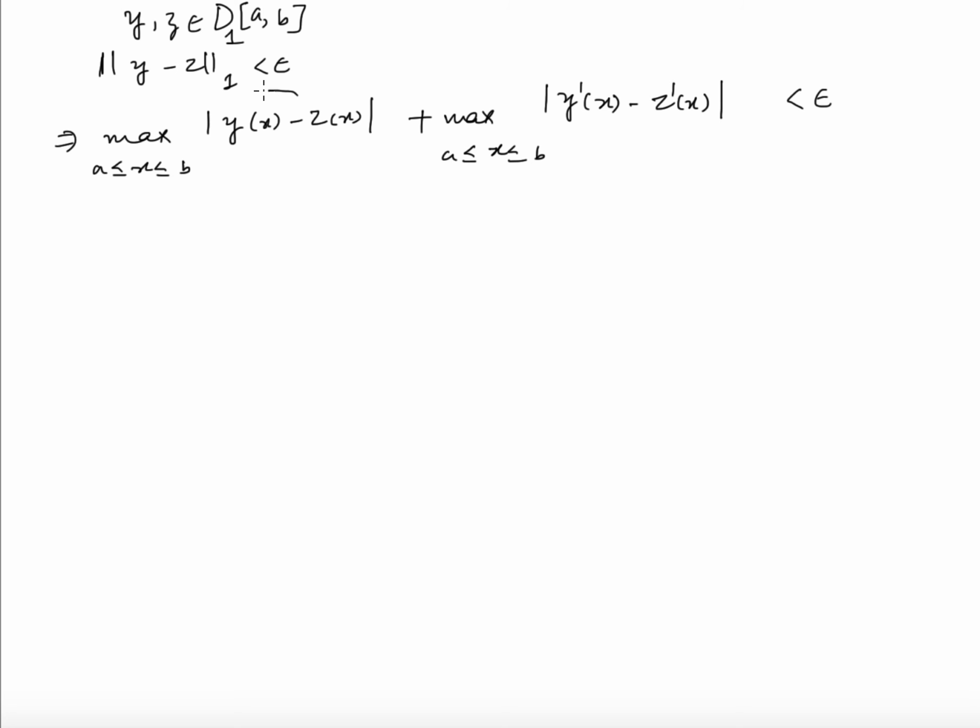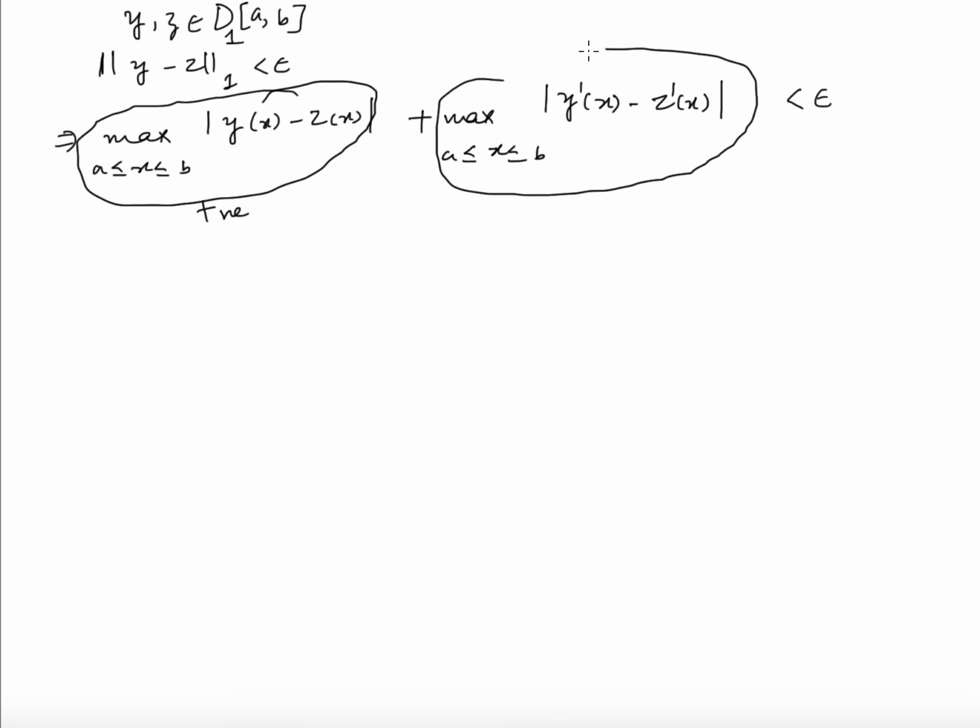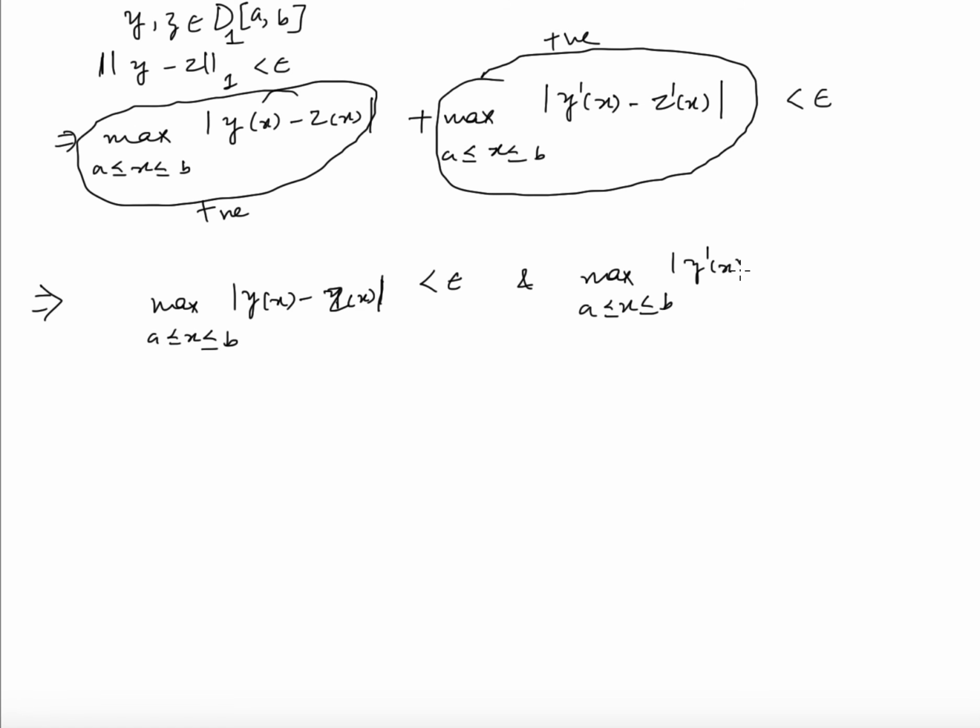Now you know this is a positive quantity, and this is also a positive quantity, and the sum of two positive quantities is less than epsilon, so for sure each positive quantity has to be less than epsilon. So the maximum of |y(x) minus z(x)| has to be less than epsilon, and the maximum of |y'(x) minus z'(x)| has to be less than epsilon.